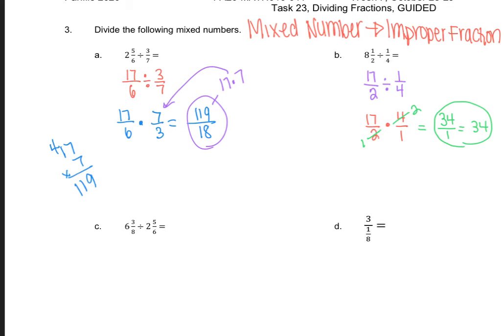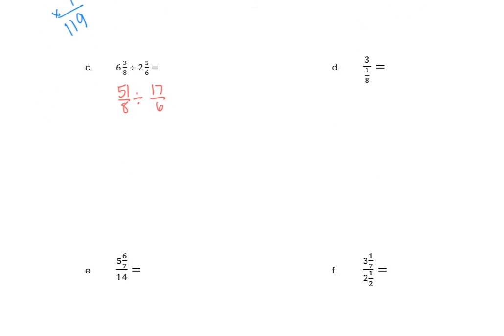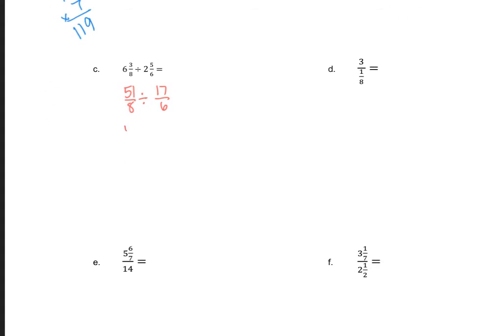All right, for letter C, I have 51 over 8 divided by 17 over 6. I have 51 over 8 times 6 over 17. I'm actually able to simplify the 51 and the 17 along with the 8 and the 6.